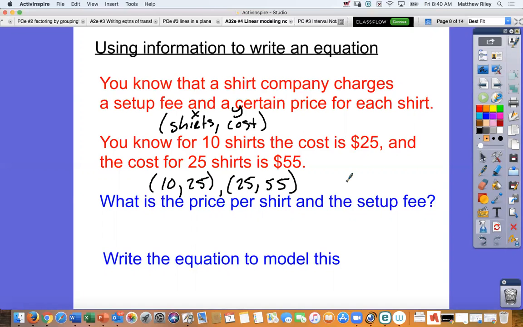You do this exactly like we did problem 2 on that first page. Your slope is your price per shirt. Your y-intercept is always going to be that initial fee, that initial price, the original cost. So your setup fee in this case is your y-intercept and your price per shirt is the slope. So take a minute and try to find the equation here.